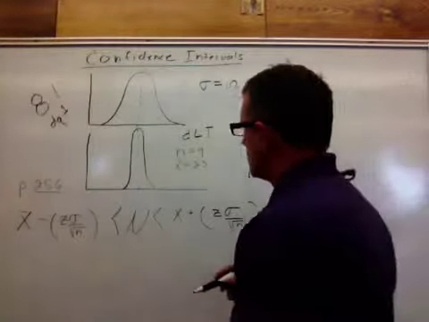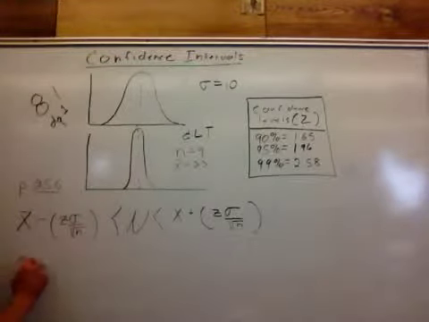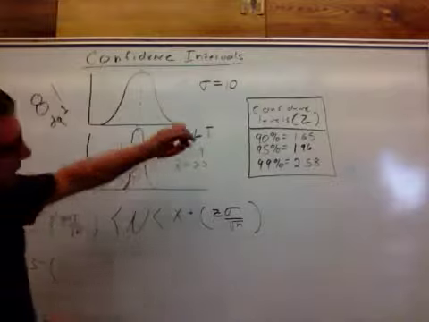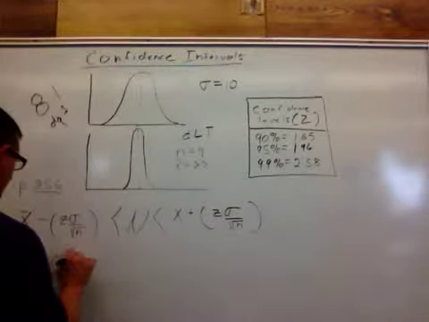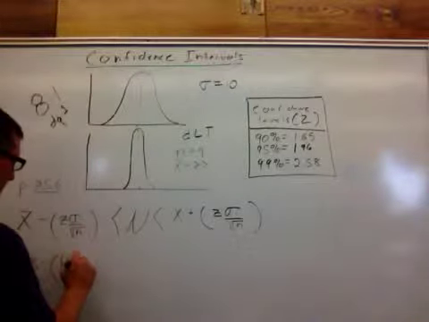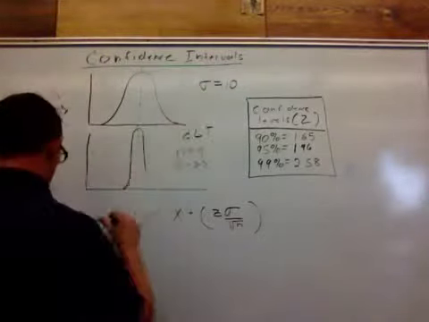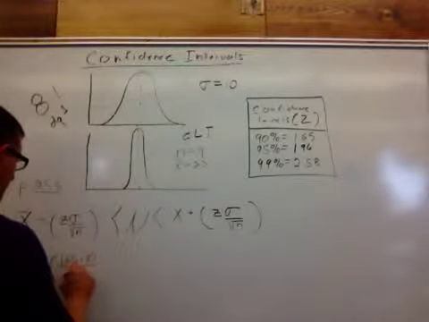Okay, first of all, let's put the sample mean in the formula, 23. And then we're going to make this a 90% confidence level. So we're going to put 1.65 in there. And then we're going to multiply it by the standard deviation of the population. And we're going to divide it by the square root of 9.